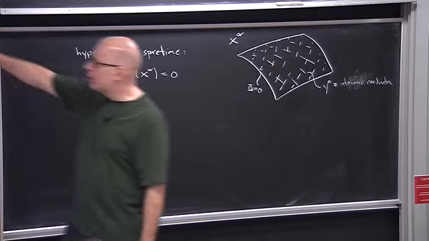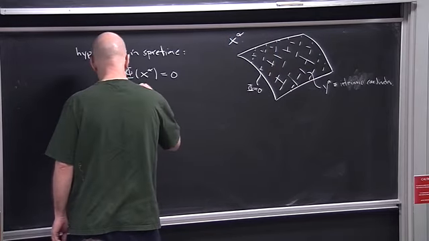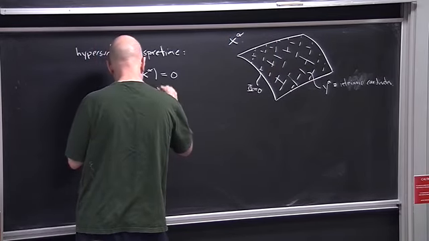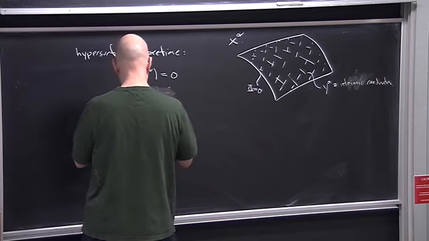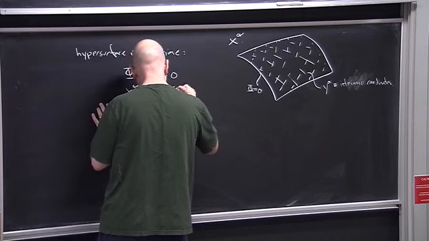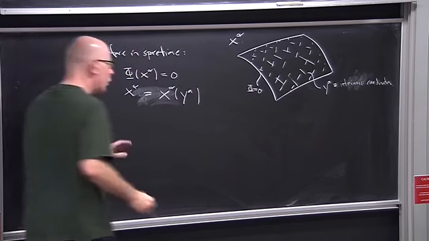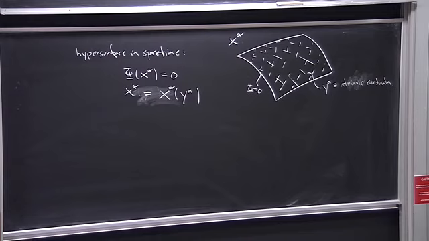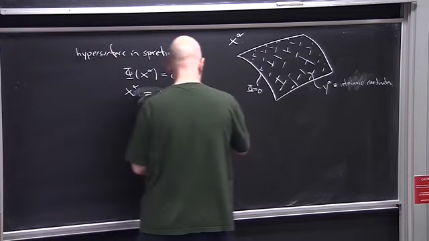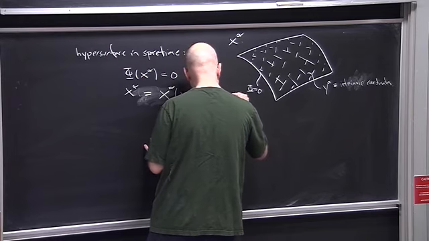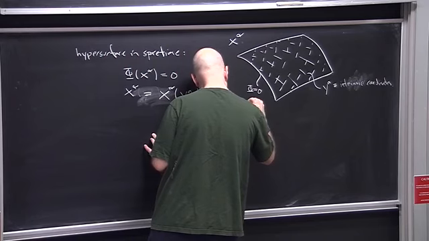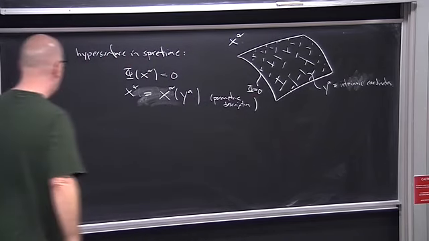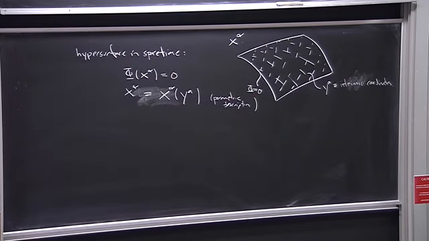And that's analogous to what we had here. We can give this parametric description. What I really meant to say is that we just describe parametrically all those curves that give us a grid on our hypersurface. So that's a parametric description in terms of intrinsic coordinates.